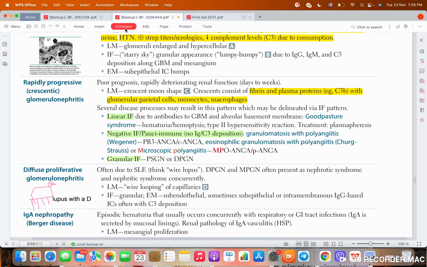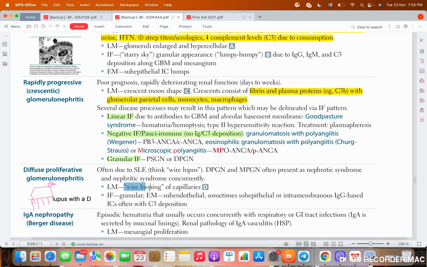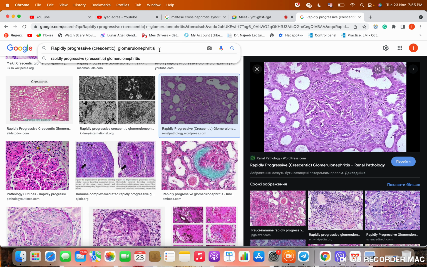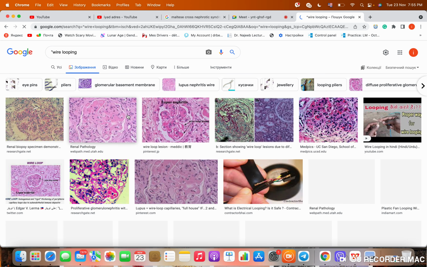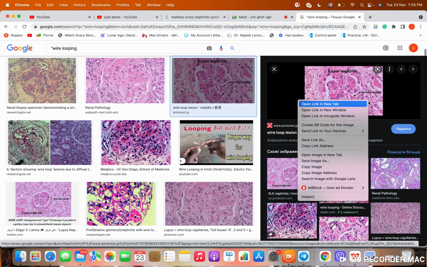So I would like to show you something more clear in Google, just a second. So on light microscopy, you will be able to see the wire looping. Okay, so let's take a look. Okay, so you can take a look here.